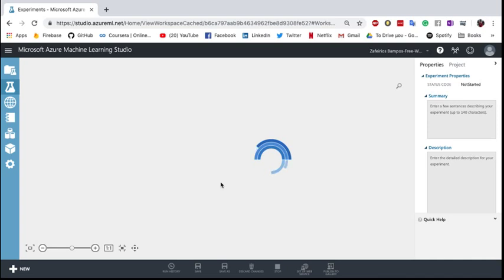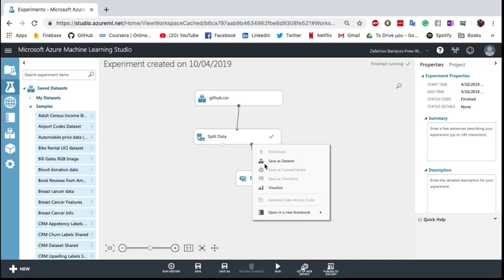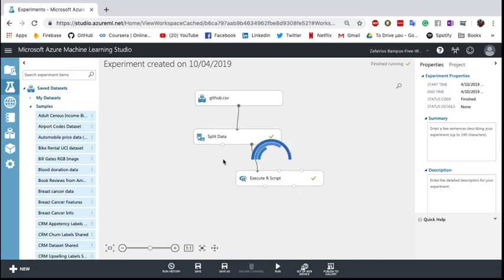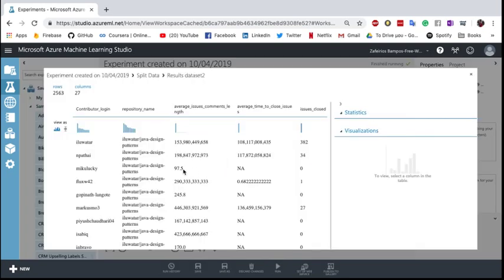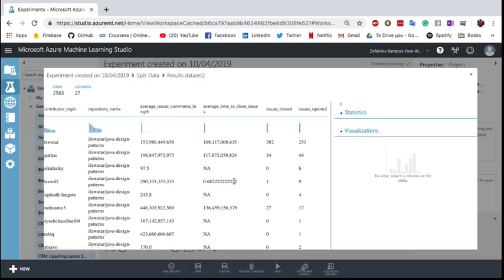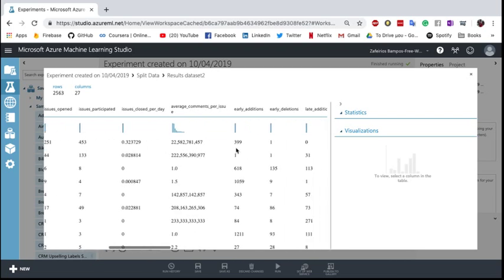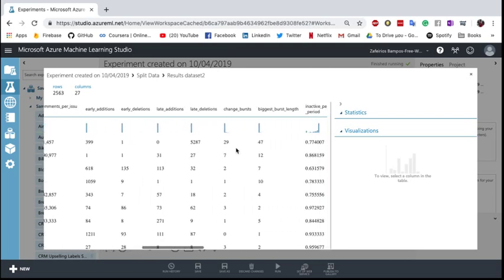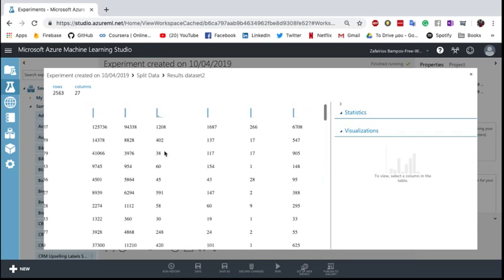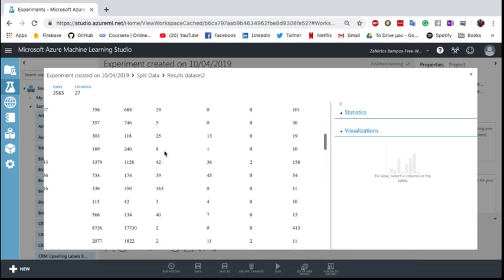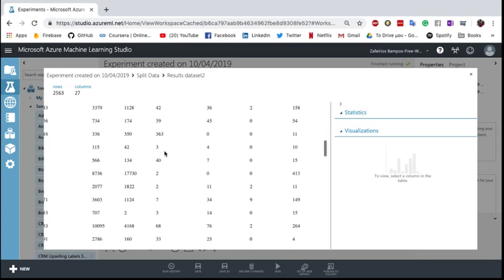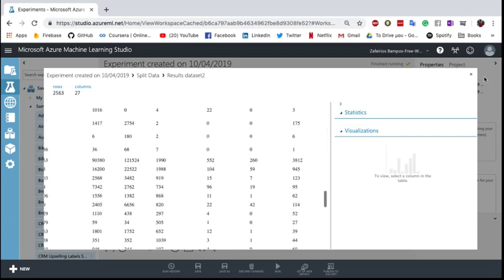Okay, so here we can visualize the data. Come on, okay. And we can see that in the activity period in days, we don't have any engineer who actually contributed only 1 or 0 days.